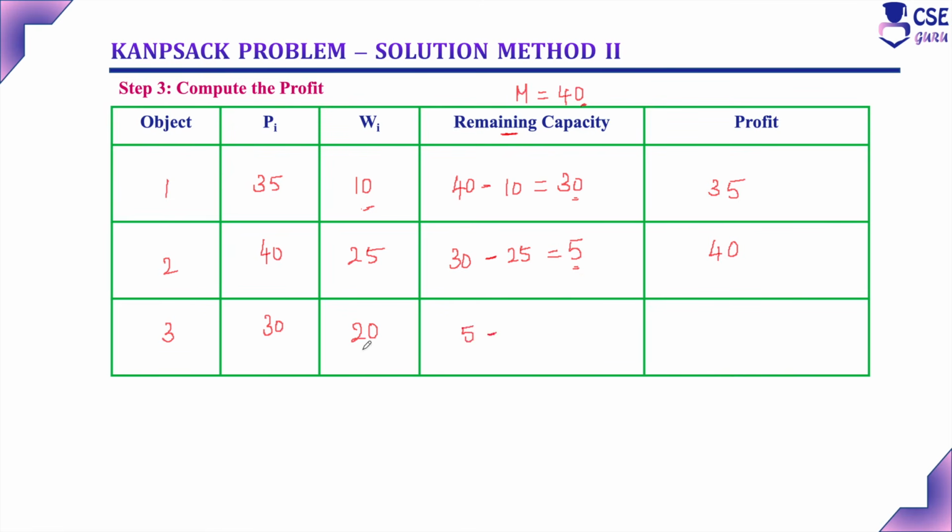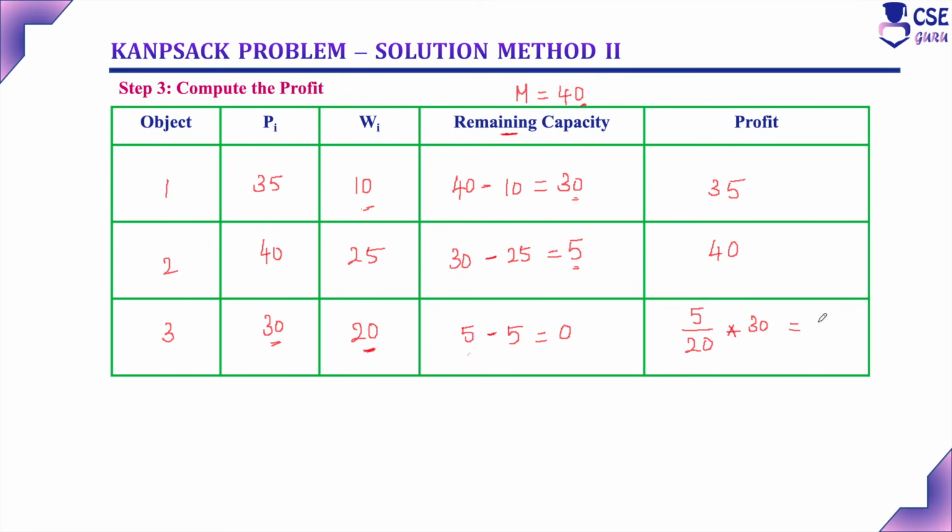For the next step, the remaining capacity is 5. Here we are going to consider only the amount of weight remaining. So out of 20, we are going to consider only 5. Now the capacity of the knapsack is 0. To calculate the profit, the weight is 20, and out of 20 we are considering only 5, into the profit value 30.